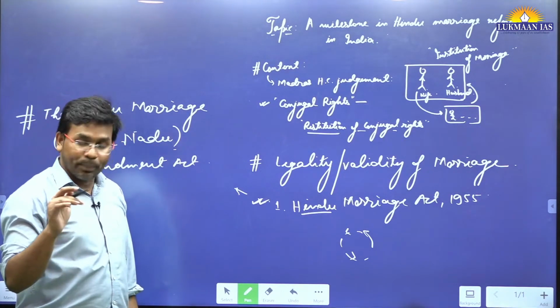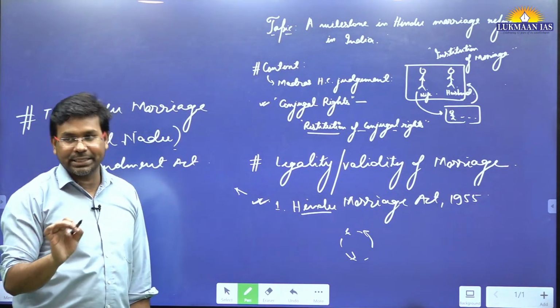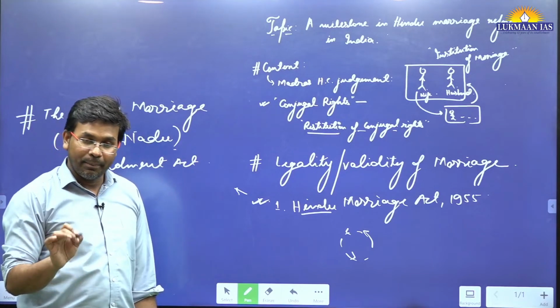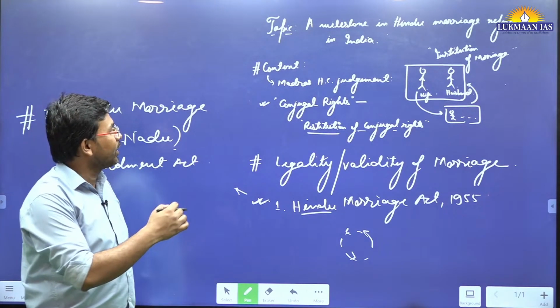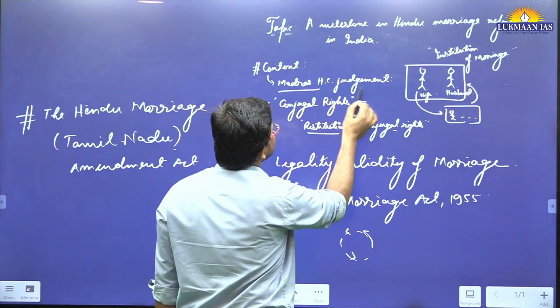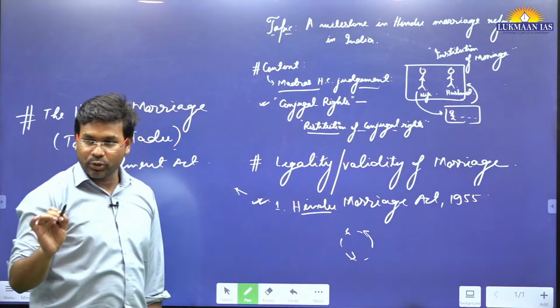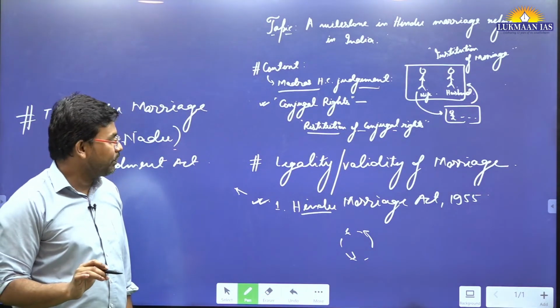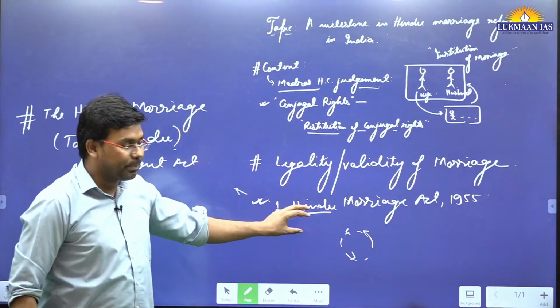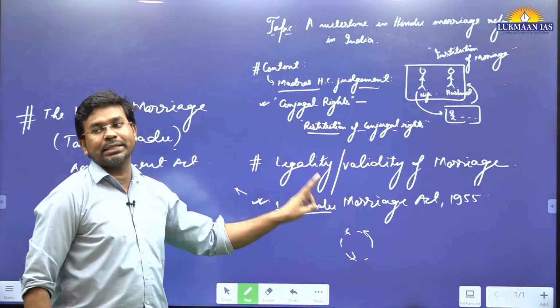The Supreme Court of India has also upheld this type of marriage. But recently the Madras High Court has said that this marriage is not valid, because they did not fulfill some of the preconditions of marriage under the Hindu Marriage Act.